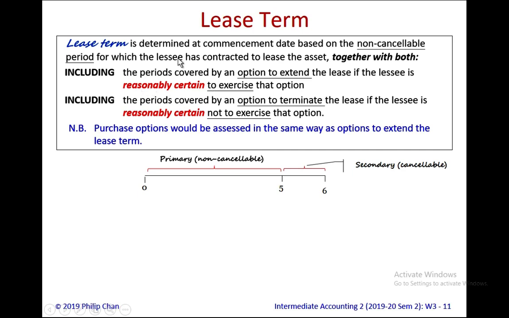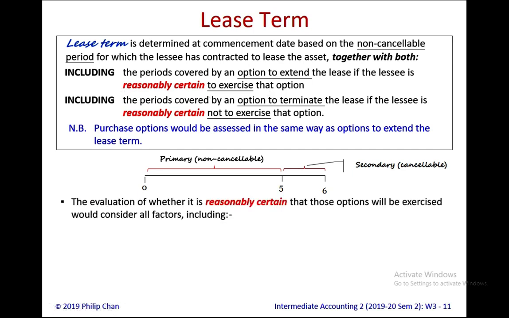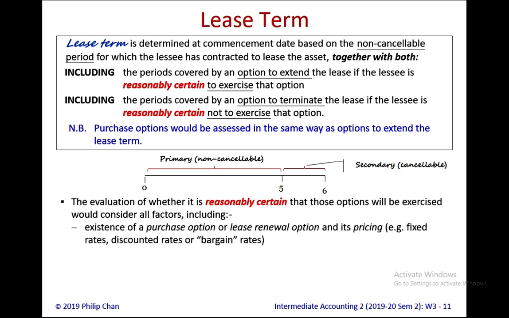Okay, let's focus more on the criteria to assess whether the option to extend the lease will be reasonably certain or not. The standard gives us some guidelines here. The evaluation of whether it is reasonably certain that those options will be exercised would consider all factors, including the existence of the purchase option, which means to buy it rather than having a secondary period, or a lease renewal option, which is the same as the option to extend, i.e. the secondary period, and its pricing.